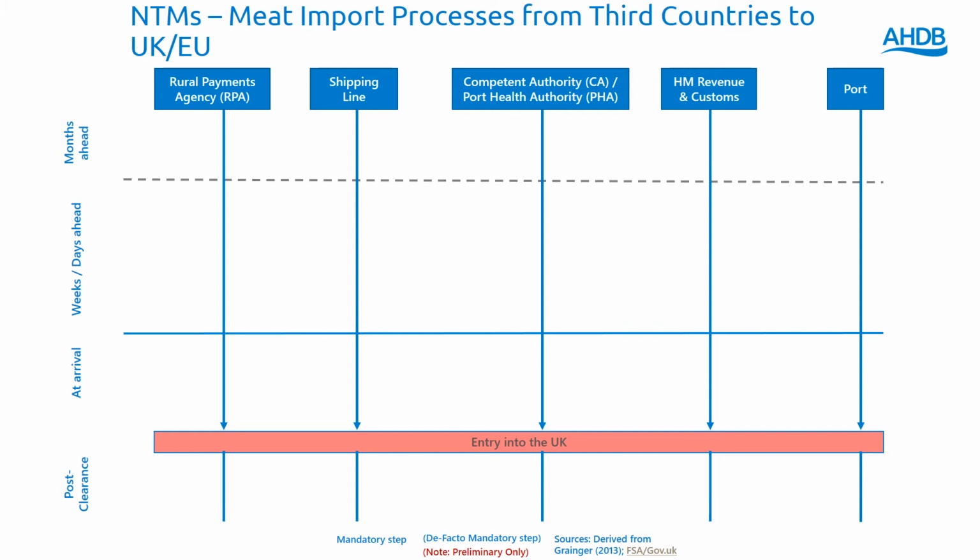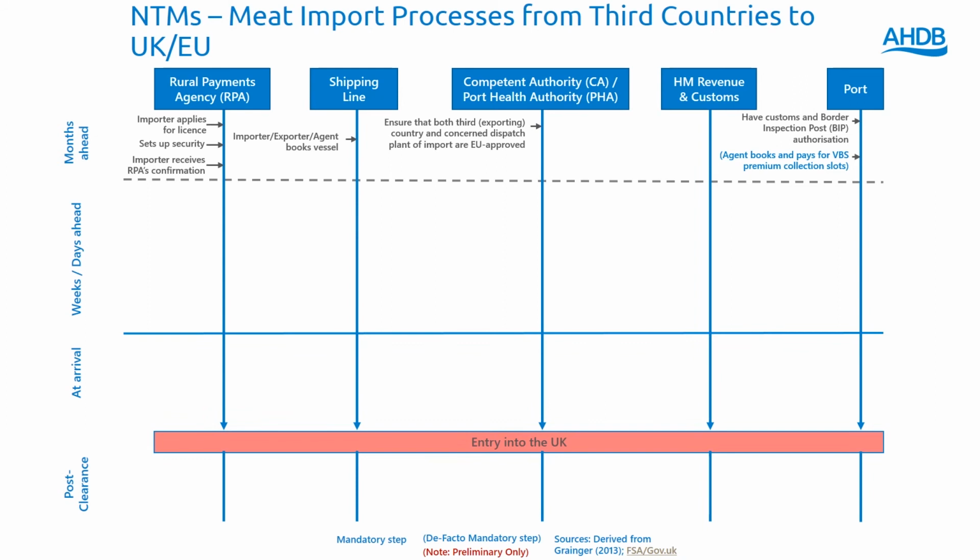And what we've done, as you'll see on the screens, we've set out a number of key stakeholders, particularly from a UK perspective, that would be involved in this process, and then identifying the regulatory checks that would take place. Firstly, starting out months ahead of the actual shipment, then looking at what happens weeks or days ahead of the shipment, what takes place upon arrival into the UK, and there are also issues post-clearance and post-entry into the UK that need to be taken into consideration as well.